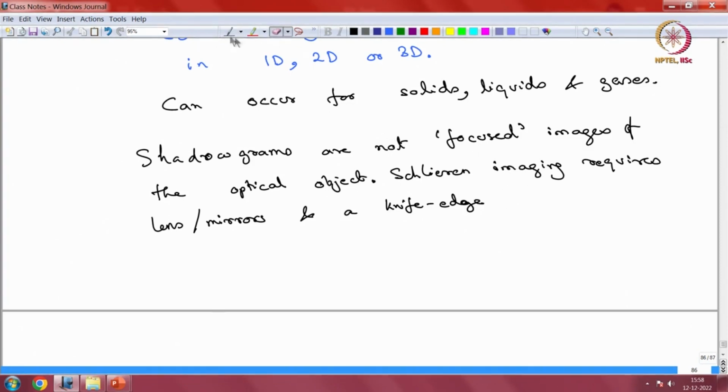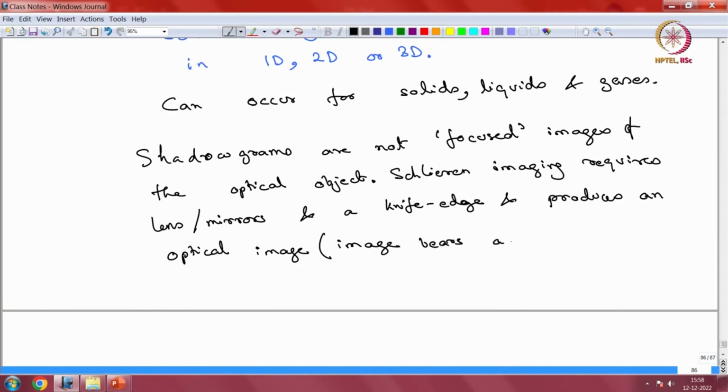and it requires and produces an optical image, meaning that the image bears a conjugate optical relationship with the object.